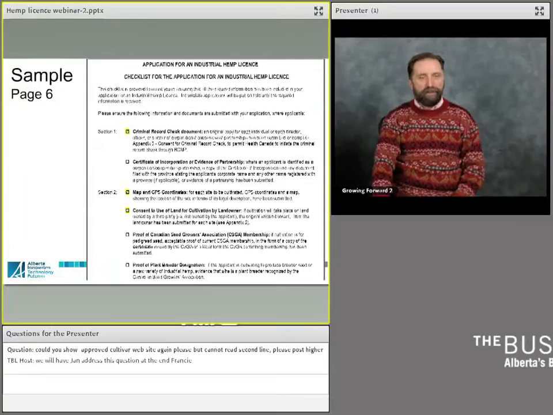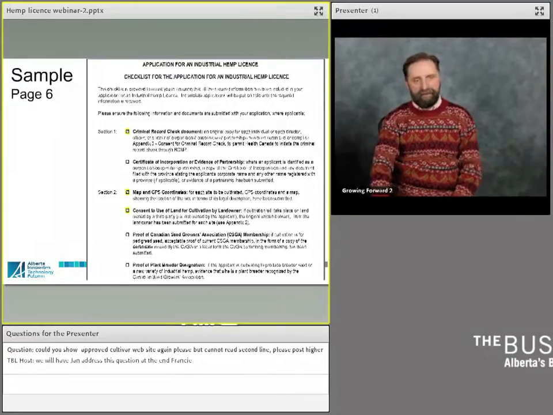She also checked off the box in section 2, indicating that she's providing maps and GPS coordinates as discussed. She also checked off consent to use of land for cultivation by the landowner. We'll discuss this in a second in Appendix II. Remember, she indicated on page 2, if I'm not mistaken, that Gregory Peck owns this land where cultivar Alyssa is going to be grown for fiber.